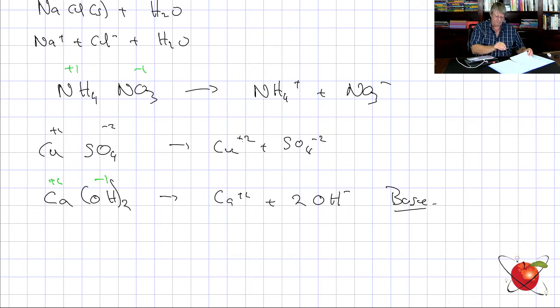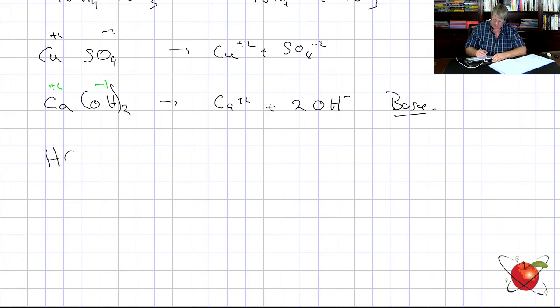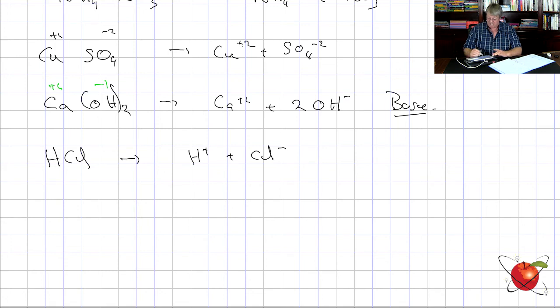Now the next question is, show the following acids ionize in water. Well, acids ionize in water, don't they? So let's see. Hydrochloric acid is HCl, correct? And when this ionizes in water, we're going to have the H+ and Cl- ions, all right?